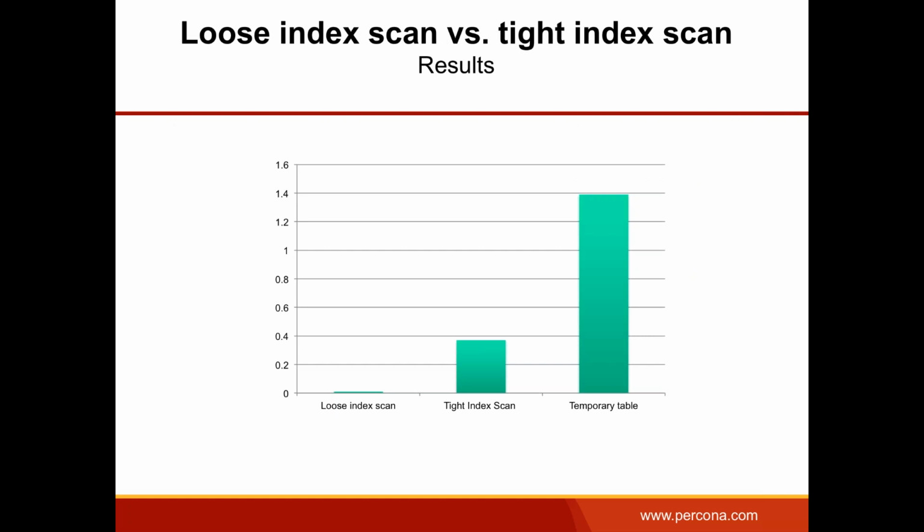So as you can see, loose index scan in this case is much faster. Tight index scan is also okay compared to the temporary table. So the temporary table and just a single field index result is 1.4 seconds. Tight index scan is 0.4, and loose index scan is sub-second performance.